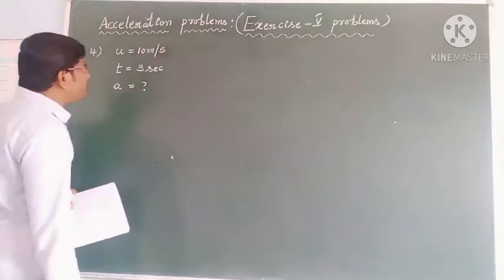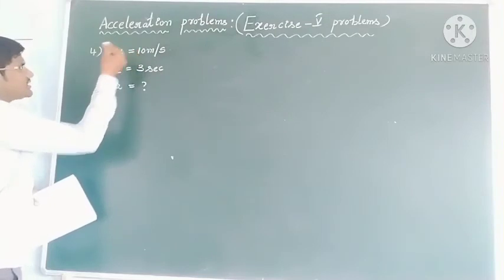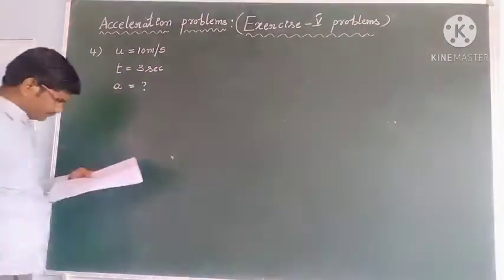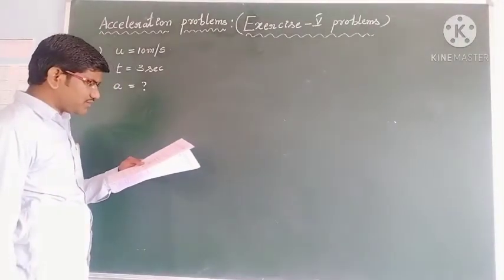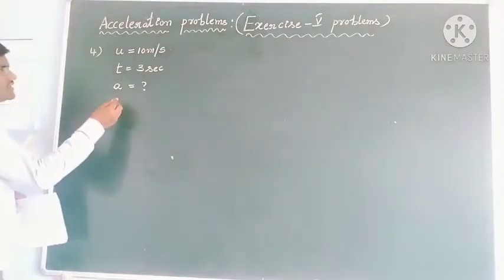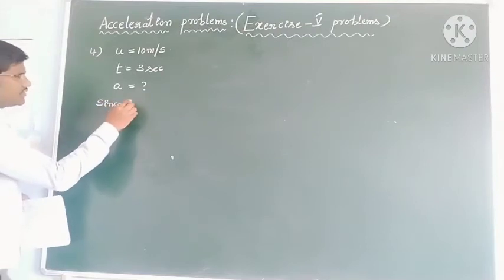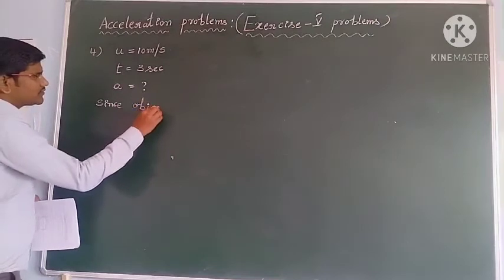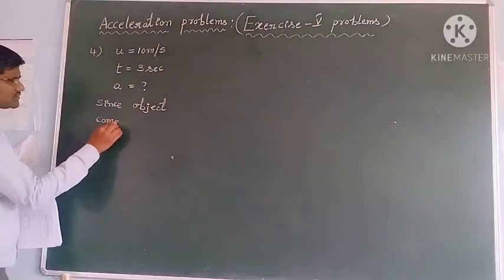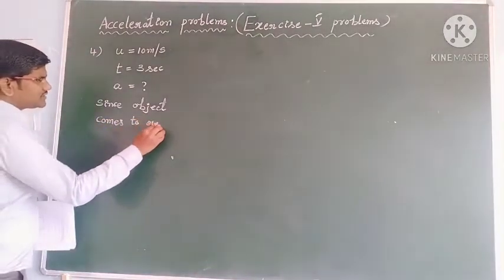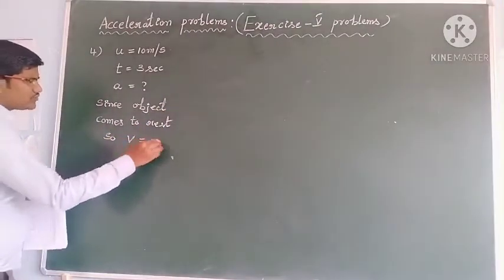Okay, students, this is the given data. Initial speed is given. Since the object comes to rest, the final velocity is equal to 0.